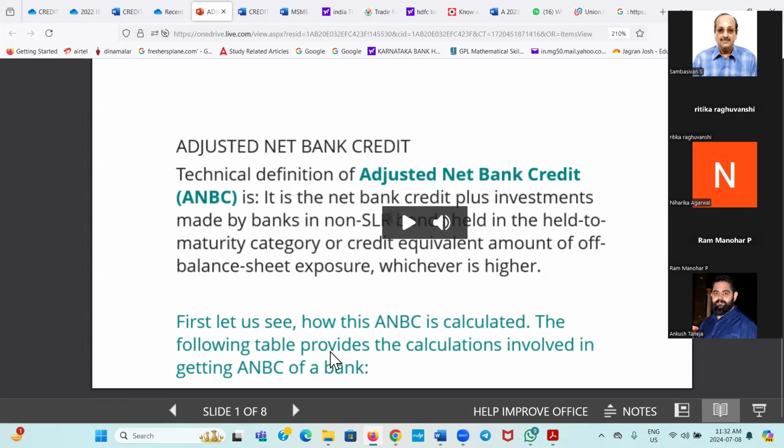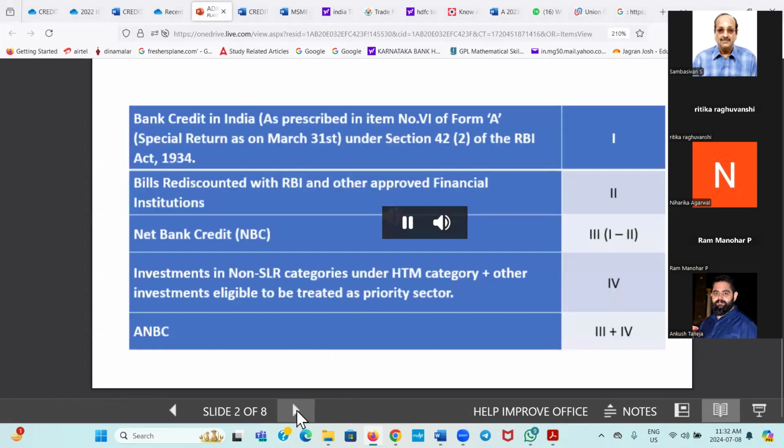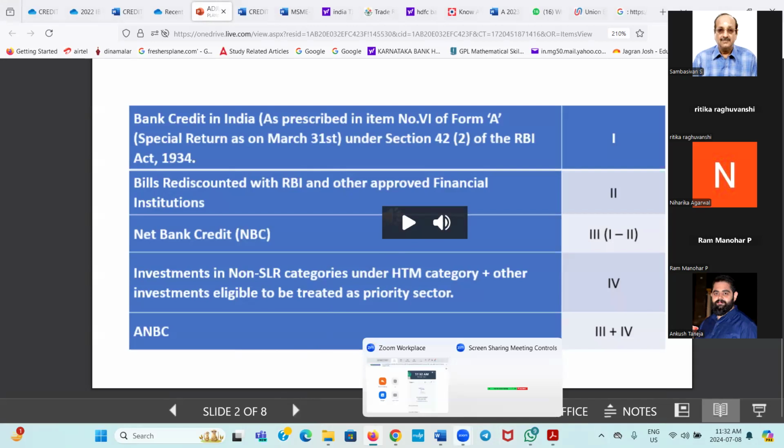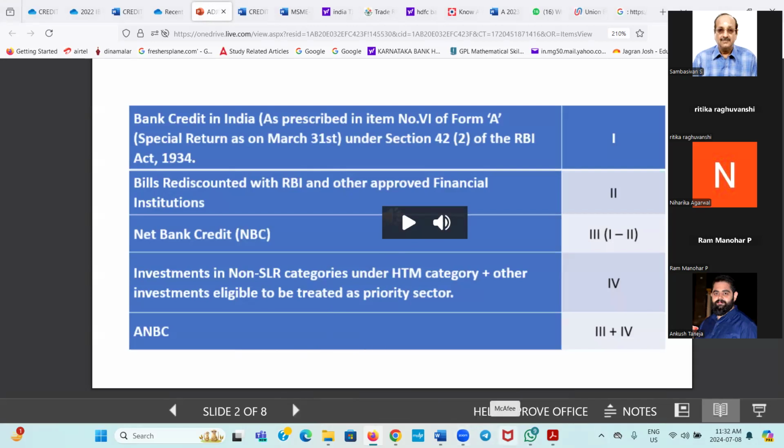The following table provides the calculations involved in getting ANBC of a bank. Bank credit in India, as prescribed in item number 6 of Form A of Special Return of March 31st under Section 42(2) of RBI Act, that is number 1, bank credit in India.